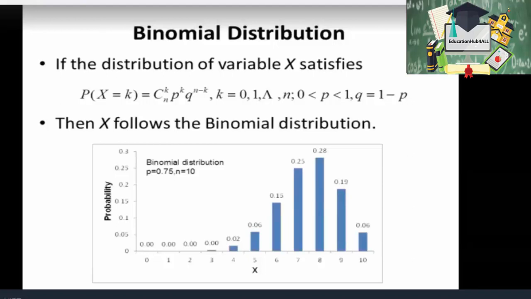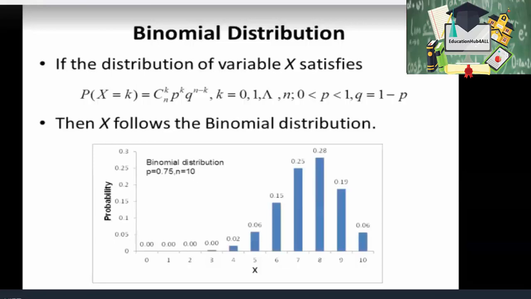If I write the summation here, at least 2 black, but also at least 2 white, so it cannot be more than 8. If more than 8, I would have just one white. So basically, you add the probabilities from 2 to 8. You just add them up. That's the probability.